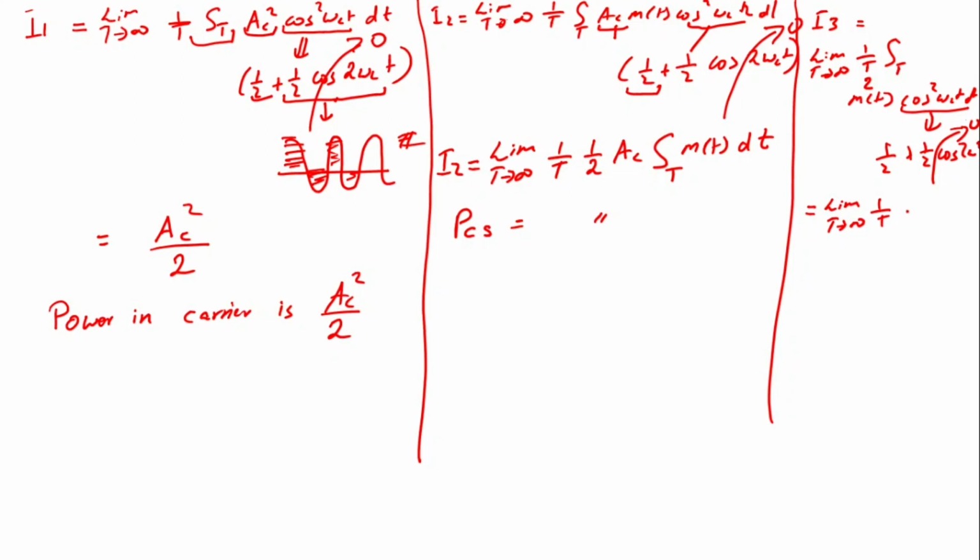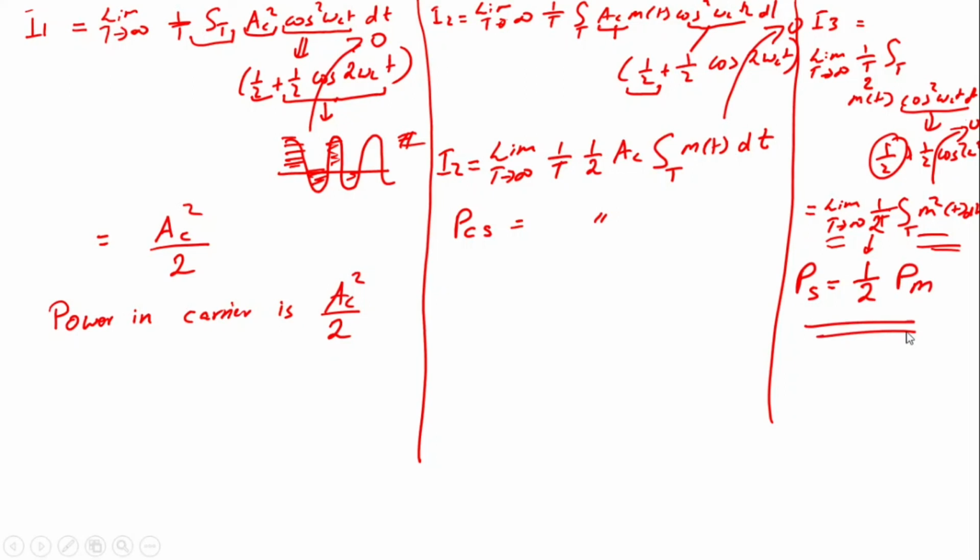We have 1 over t m square of t dt. So the power in sideband, note that we would also have a 2 over here, so this is 1 over 2t. So the power in sideband is simply 1 by 2, 2 is coming from here, and then all of this is simply the power in the message signal.